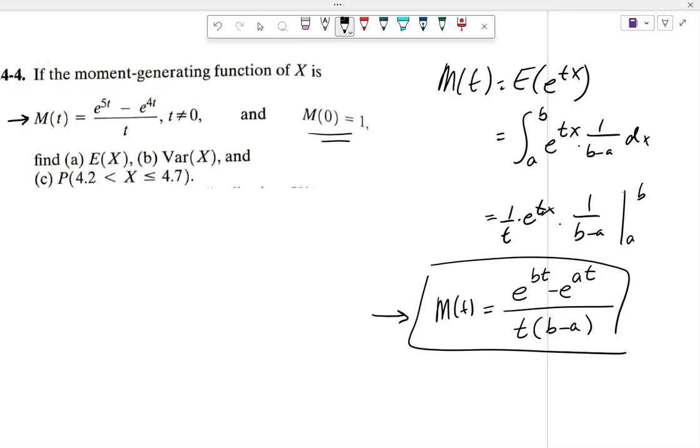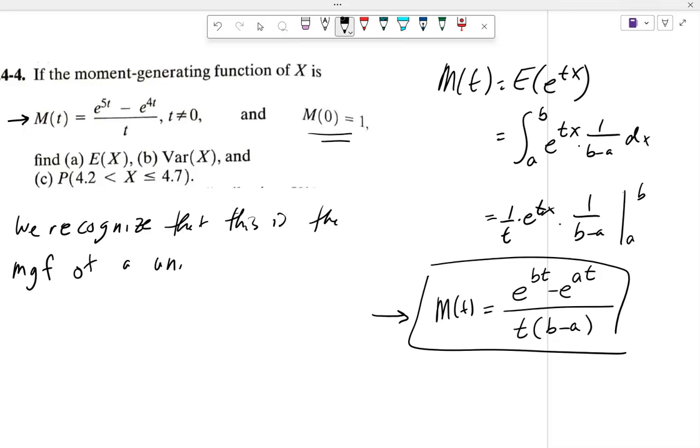So what we can do here is recognize immediately from the moment generating function that this is the moment generating function of a uniform random variable on the interval from 4 to 5.